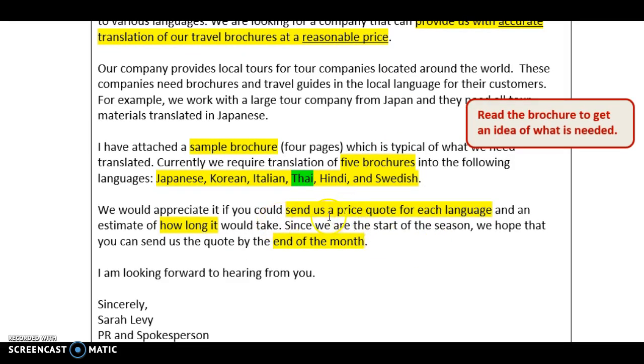And I have to send a price quote for each language. Okay, because I know the Italian translator doesn't charge as much as my Japanese and is a different rate for Hindi. Estimate of how long it would take. And we hope that you can send us the quote by the end of the month.